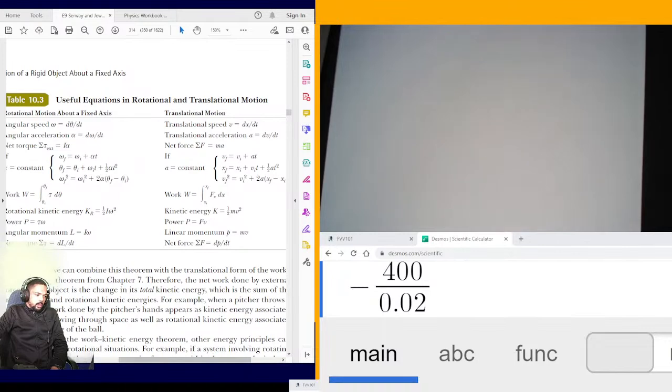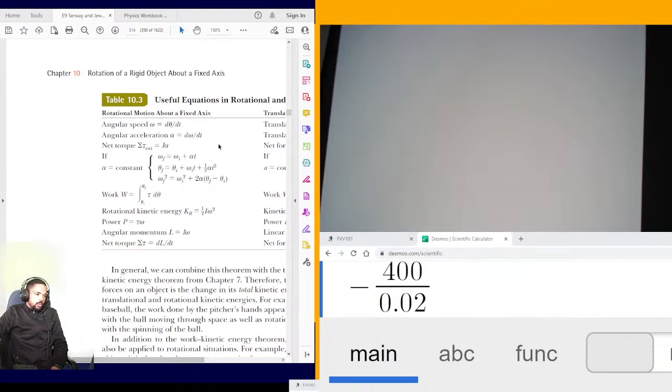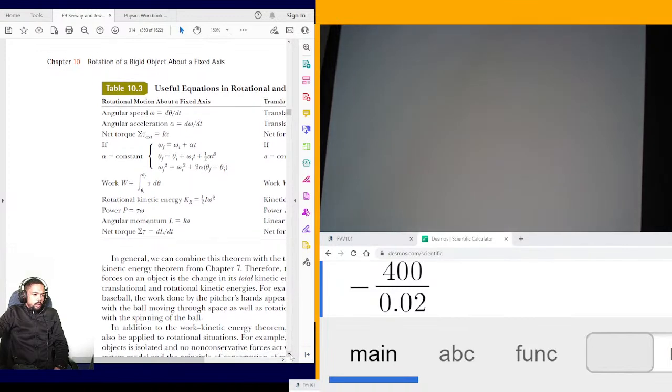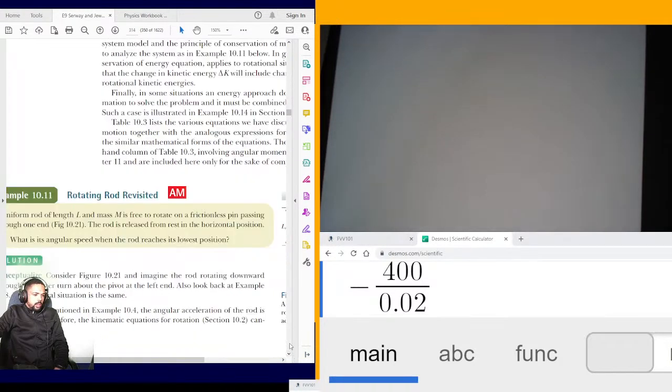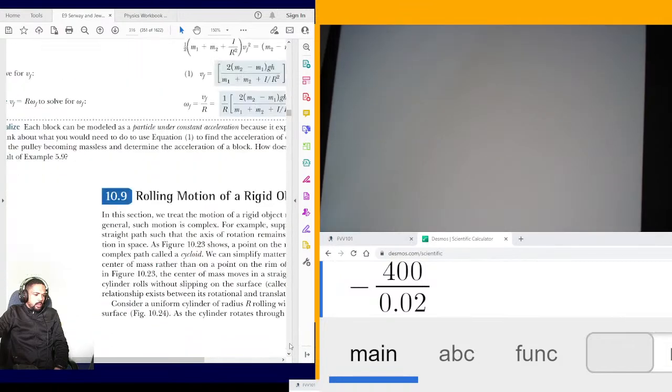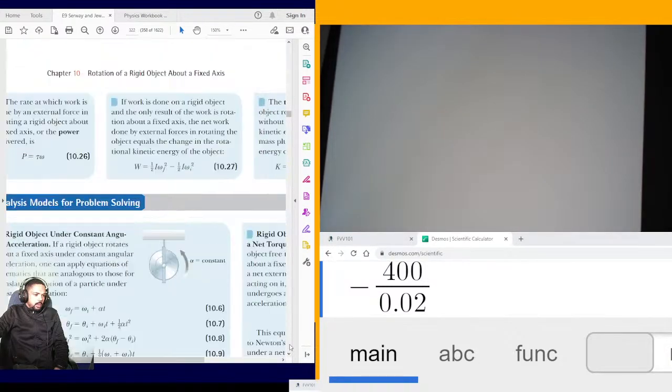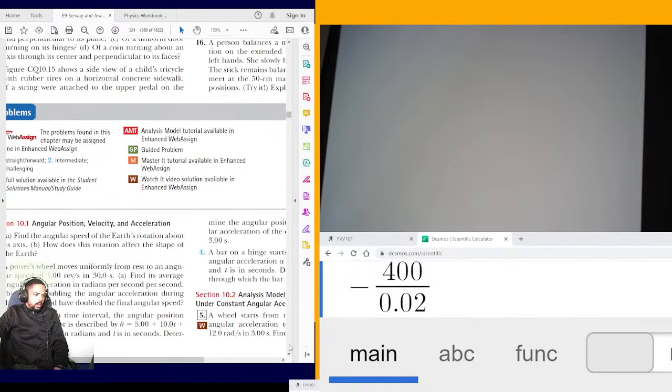Those are for rotation. You can even get the work from torque. Those three equations are very important, and we will be doing problems regarding those three. We will not be doing rods and stuff like that for now.